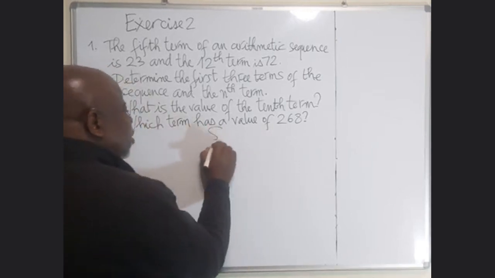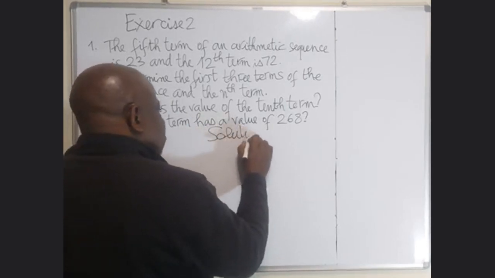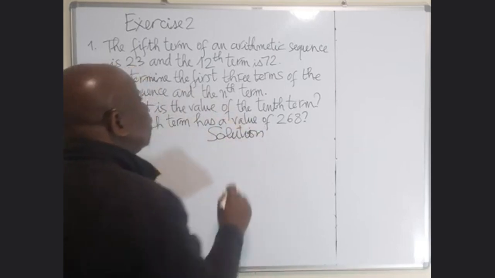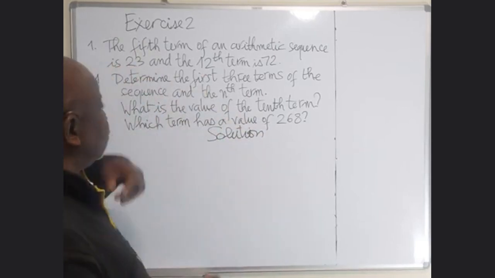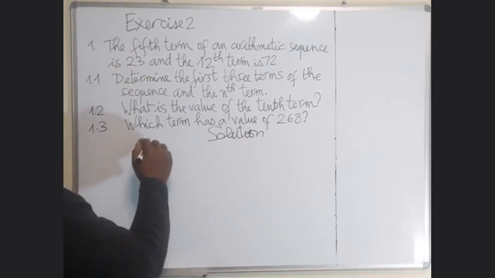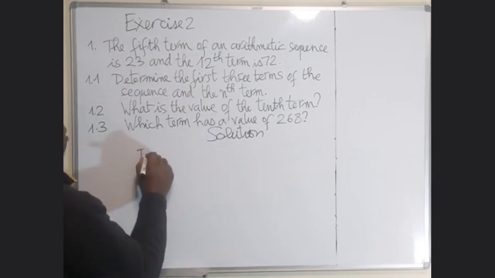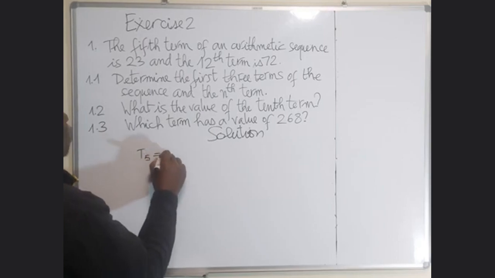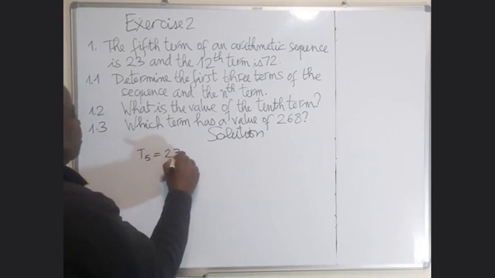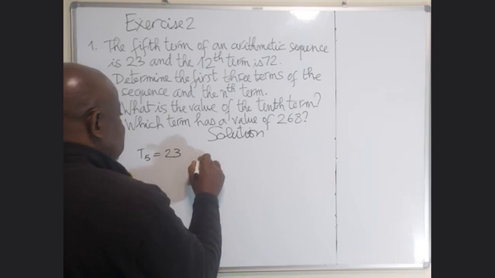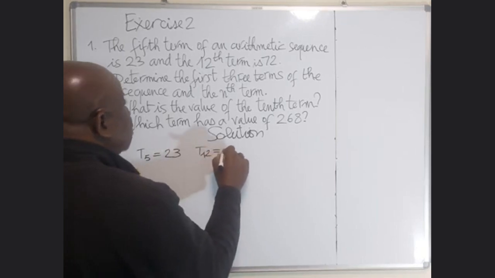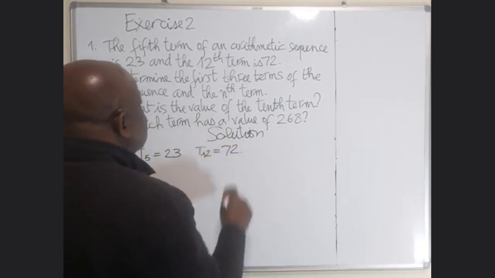So we're going to take the solution of this first, exercise number 2. The fifth term is going to be T5 equal to 23, and T12 will be equal to 72.